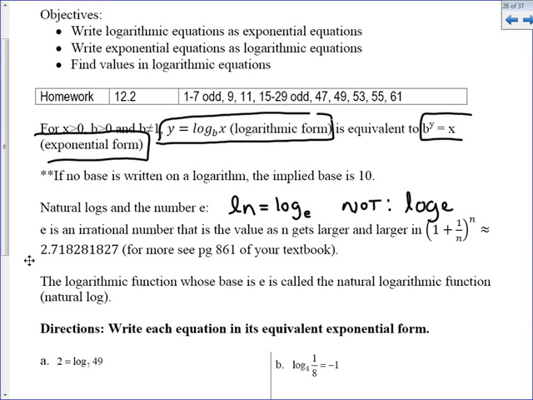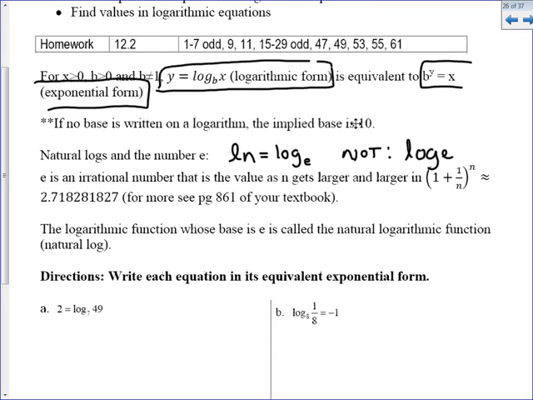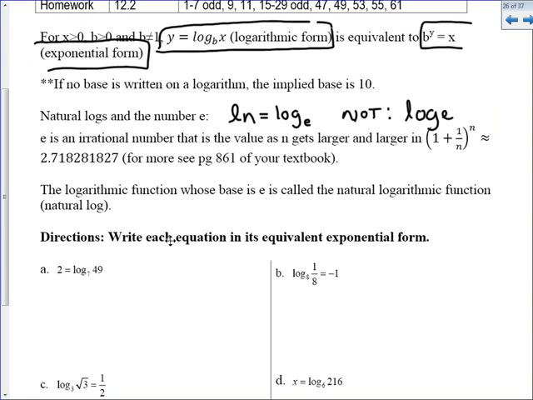Like you've seen pi when you're dealing with circles. e is just an irrational number. It's got a set value, as set as we can get, being irrational, and we're just going to use a button on our calculator for that. We'll talk about using your calculator if you have a problem that has e in it. But it's another extra credit question. Natural log is a log base e. So there it is: a logarithmic function whose base is e is called the natural logarithmic function.